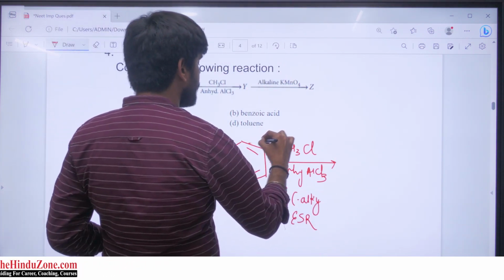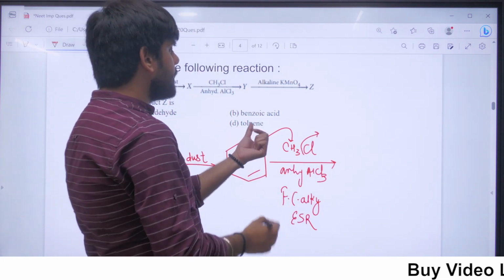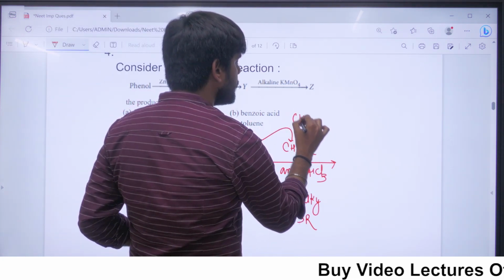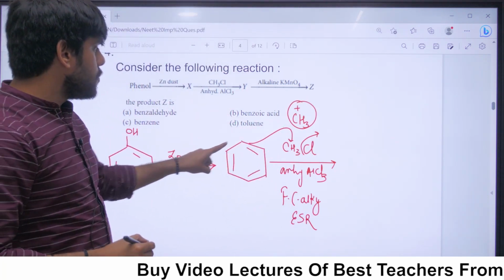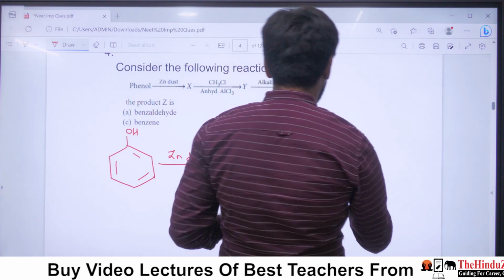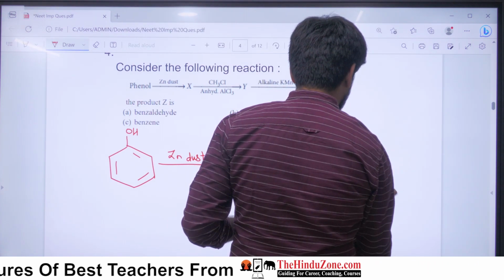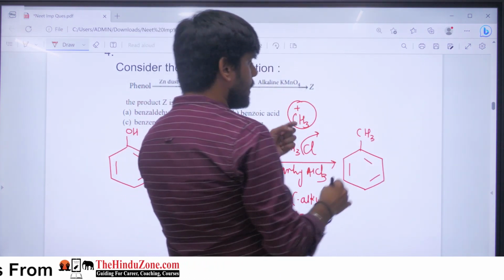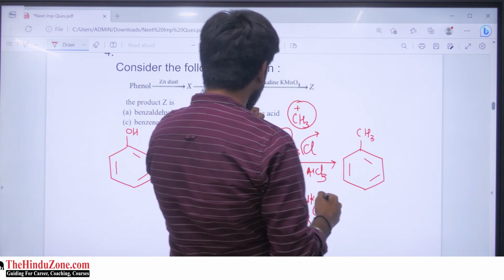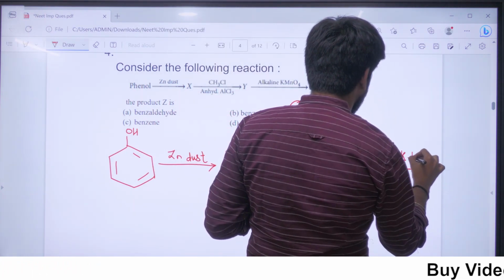What will happen? This will attack on this carbon, this leaves, or you can say that this CH3 plus, this alkyl group, is your electrophile here. So this will attack on this electrophile, and what do I have? I have toluene. Now next is treatment with alkaline KMnO4.